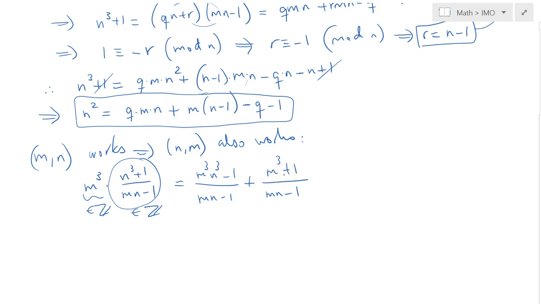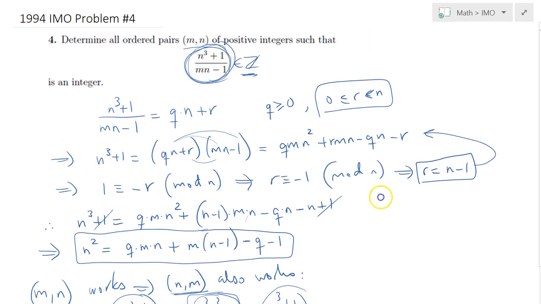When you look at this one, we can easily see that you can factorize this difference of cubes here, and it will cancel with the denominator, so therefore this is an integer as well, finally implying that this one is also an integer. So this one being an integer tells us that nm is also an ordered pair which will also make this fraction a positive integer.